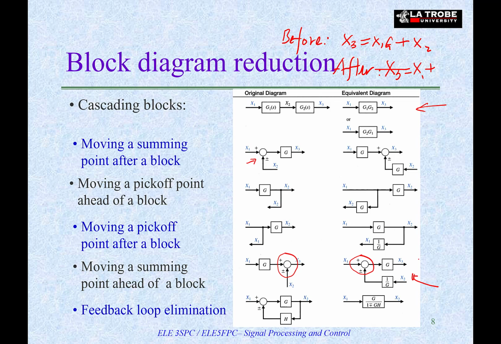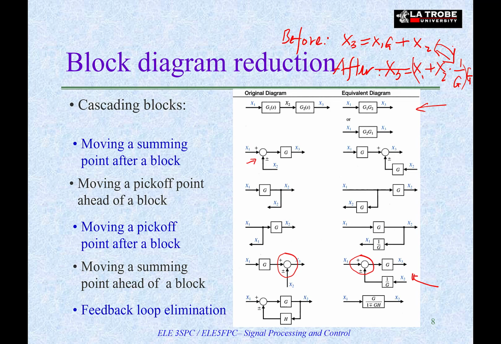It becomes X2 multiplied by 1 over G, in brackets, times G. And you can say that these two are equivalent. Therefore, the general principle is exactly followed.